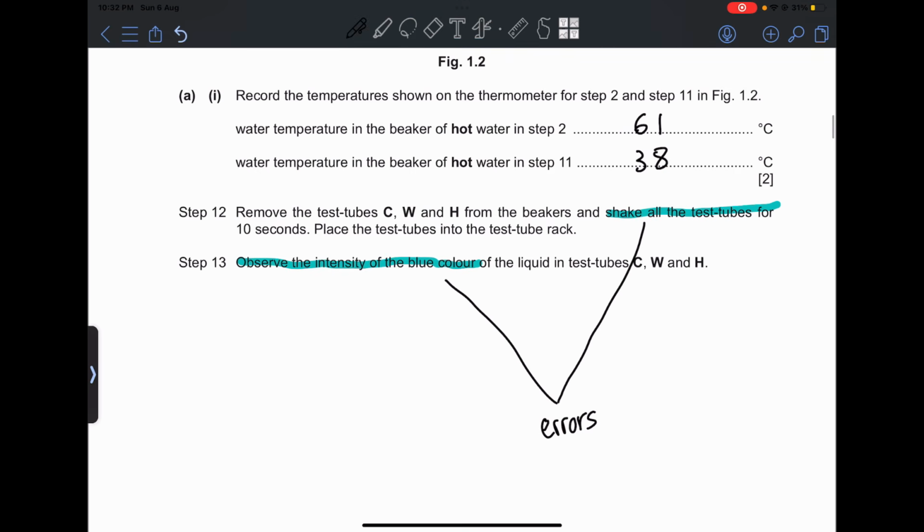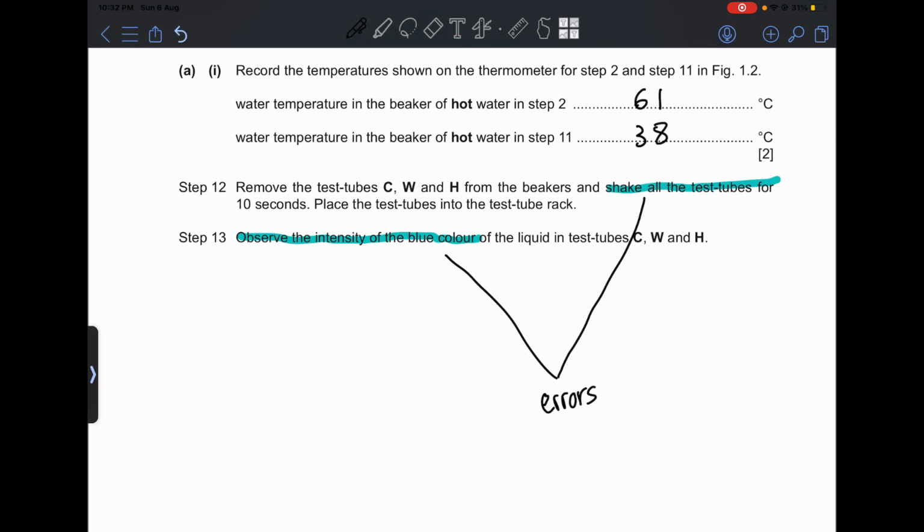Step 12. Remove the test tubes C, W, and H from the beakers and shake all the test tubes for 10 seconds. Now, this is an error to shake all the test tubes. You should not shake them because there can be spilling and then the experiment will not be accurate. Observe the intensity of the blue color of the liquid in test tubes C, W, and H. Again, step 13 has an error because you're not supposed to observe the intensity of the color using your eye.